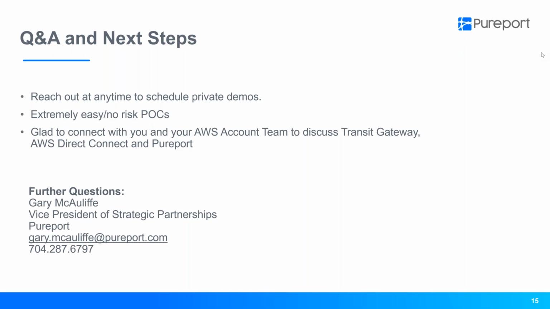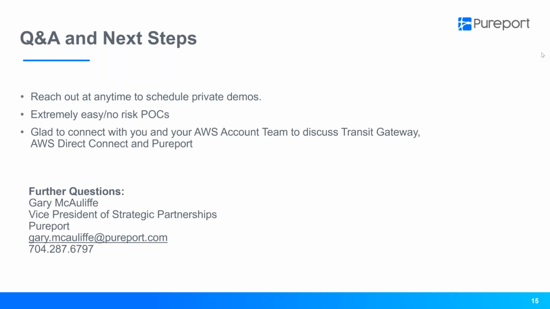Then, assuming that it's 1 gig or above, and assuming that you're going through a partner that supports Transit Gateway, which you should check the partner page to get a list of, then potentially you could reuse that to build into a transit VIF.